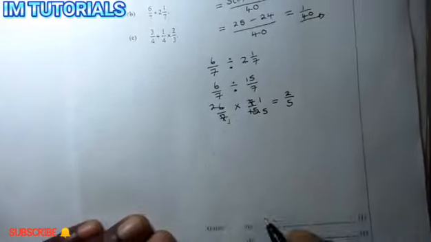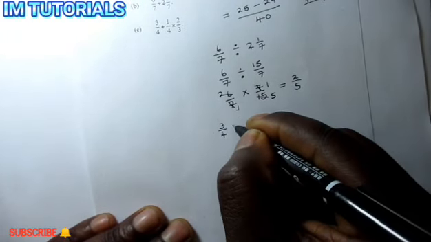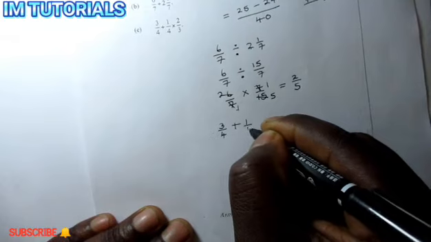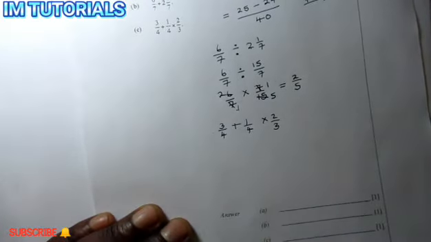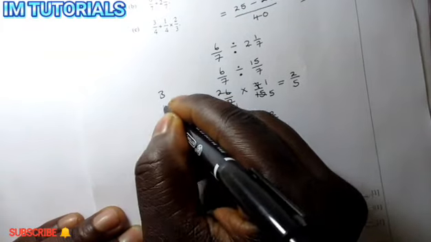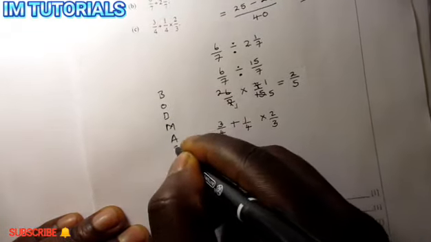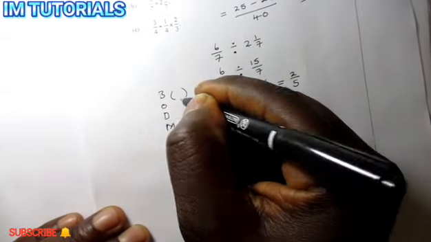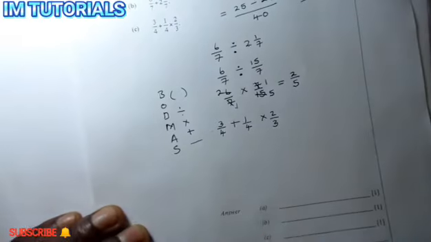Then we move on to the last part of the question. We are given 3/4 plus 1/4 times 2 over 3. I hope you are listening. We make use of what we call the BODMAS rule. So according to the BODMAS rule, it means brackets, followed by of, division, multiplication, addition, and lastly subtraction.